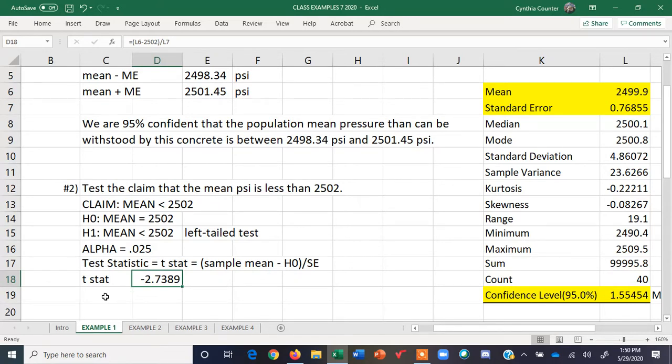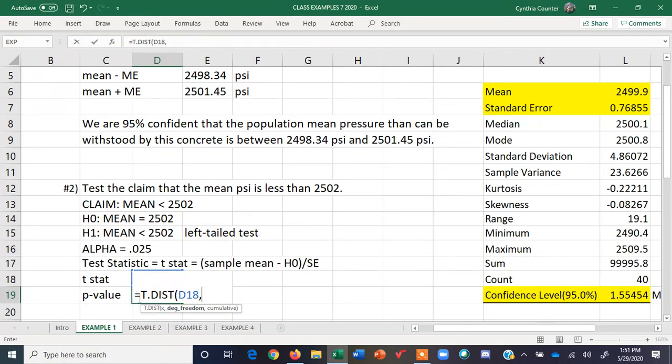Now when you're using Excel 365, we can leave this negative, and to find the p-value, we are using a t-distribution, right? We're using a t-stat for the t-distribution, so we want T.DIST. The first input x here is the t-stat, which for us is in cell D18. Since I can't click on it, I can type it in: D18. Degrees of freedom. This, remember, depends on the sample size because the p-value, which depends on the t-distribution, is different for different sample sizes.